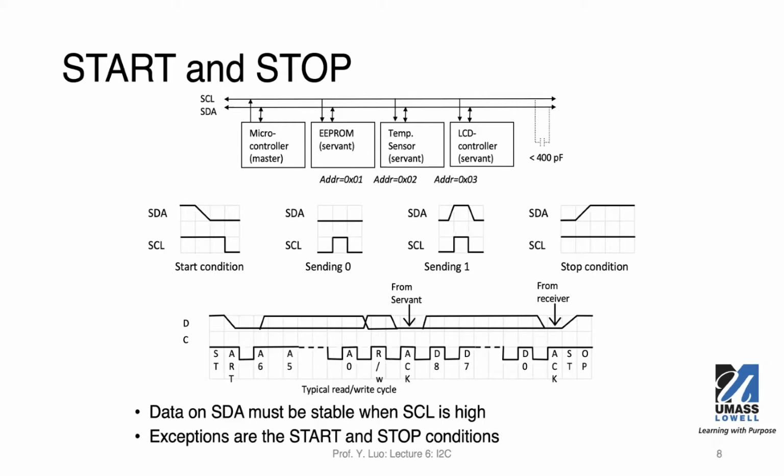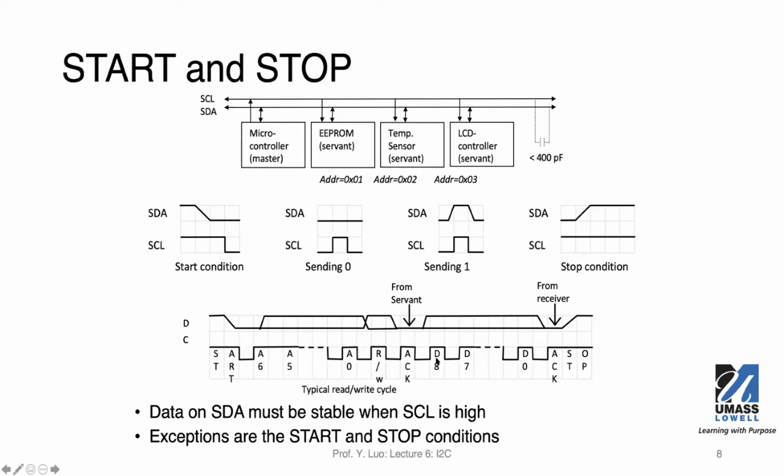So up to this point, we have the 7-bit address and the read-write indication. Then the next thing that should happen is for the servant to acknowledge that. This is the acknowledge bit. The servant should put a 0 here to acknowledge that.